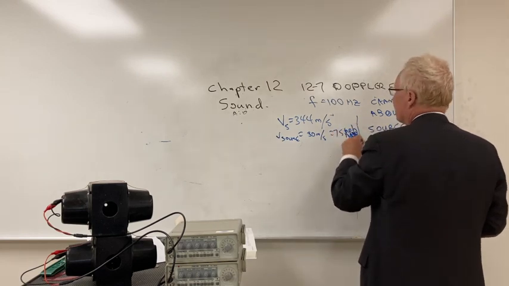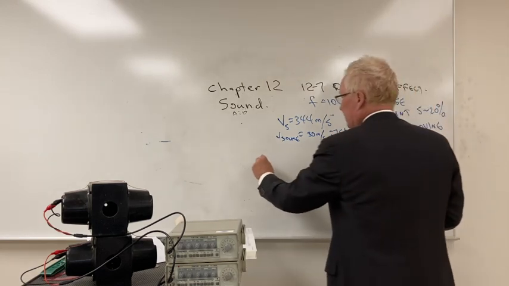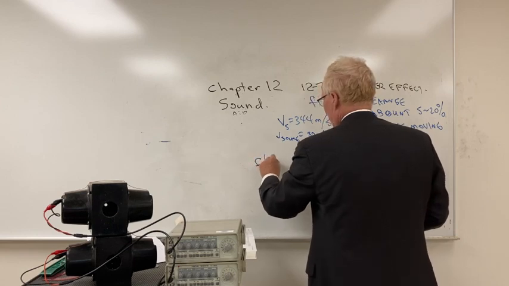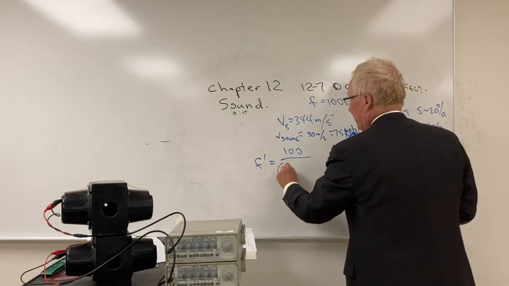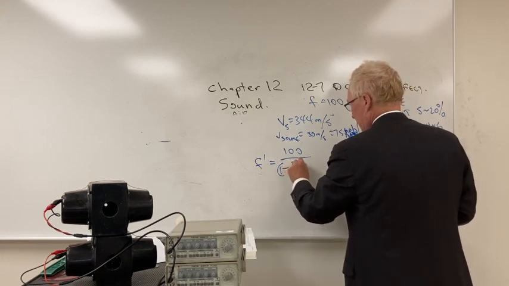In the first case, F prime will be 100 over 1 minus 30 over 344.